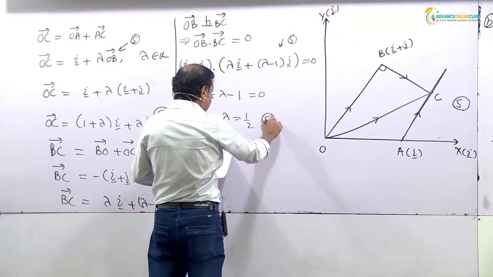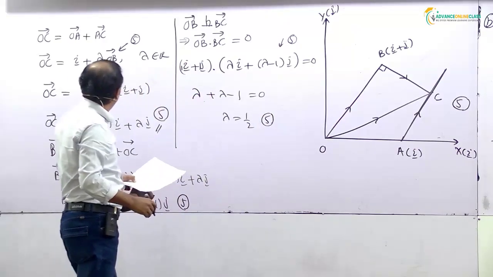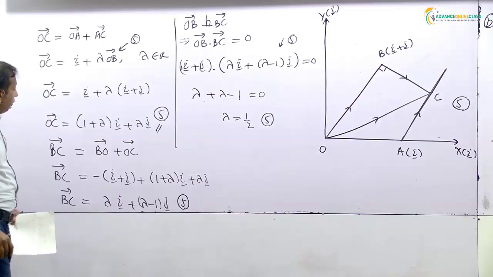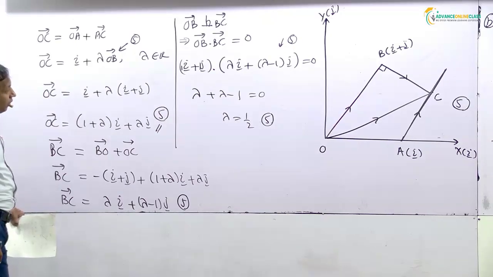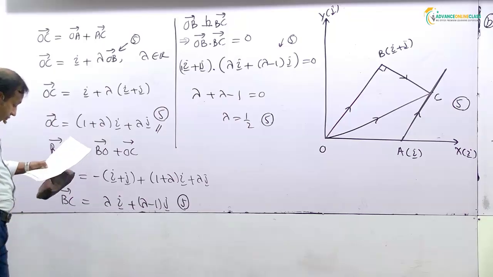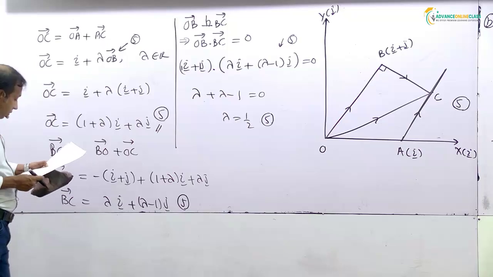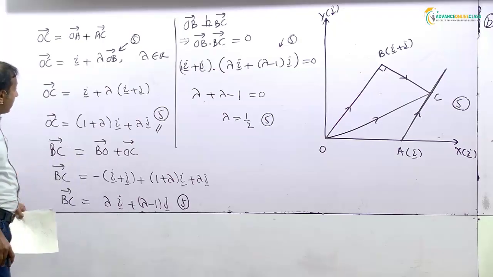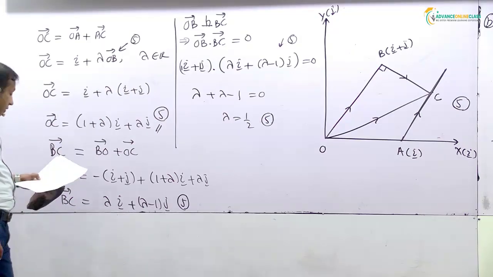For this, another 5 marks. How many marks now? 5, 10, 15, 20, 25, 30. Other 5 marks you should get for the diagram, correct? Yes, 5, 10, 15, 20, 25, 30.